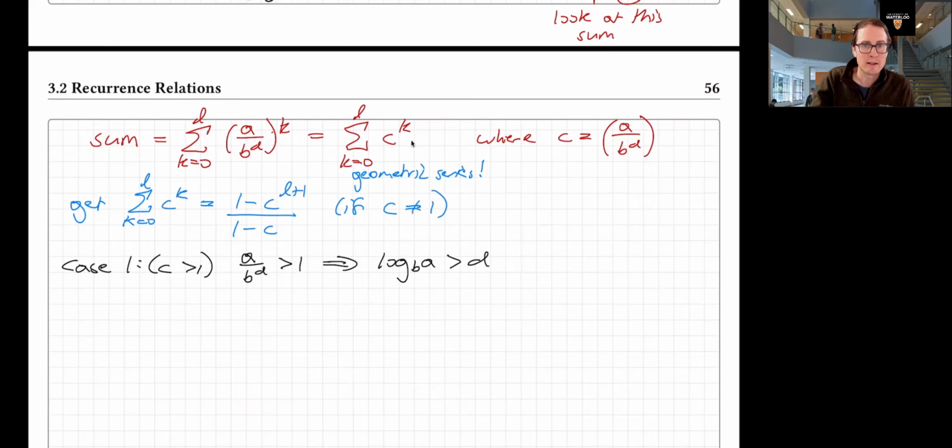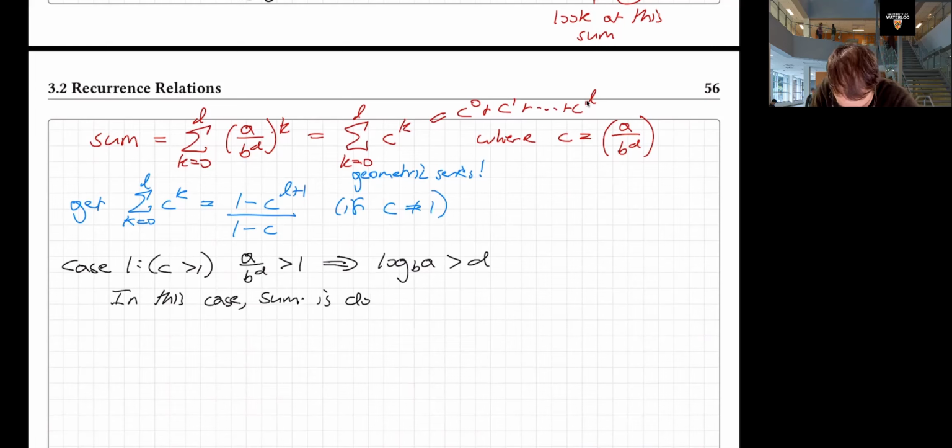In this case, this expression is just c to the 0 plus c to the 1 plus up to c to the power of L. In the case where c is greater than 1, this sum is dominated by the last term, c to the power of L, the highest order term.